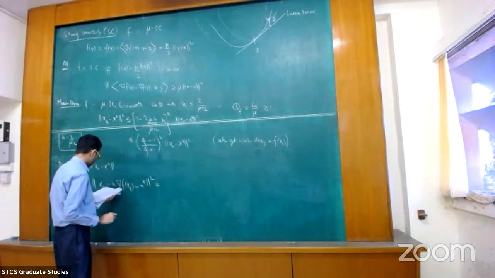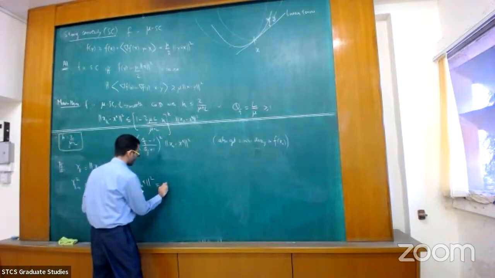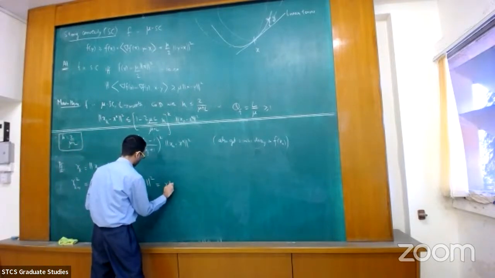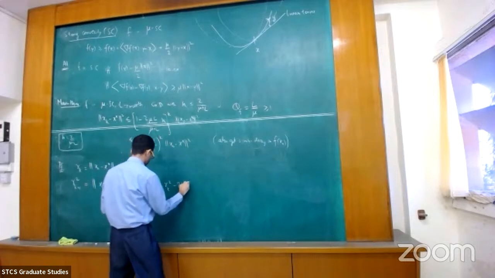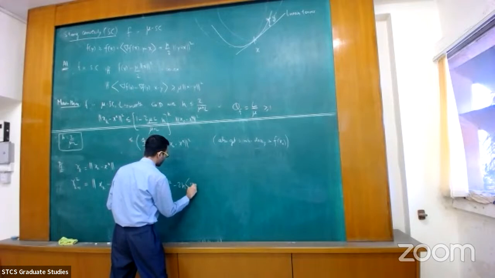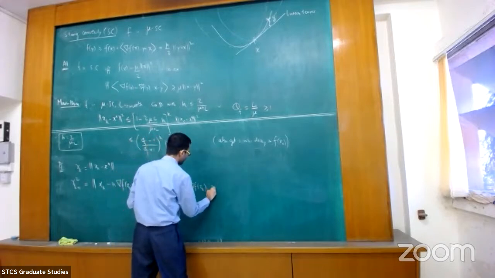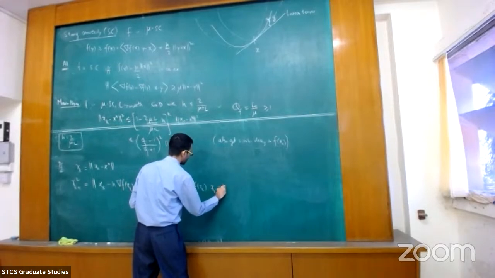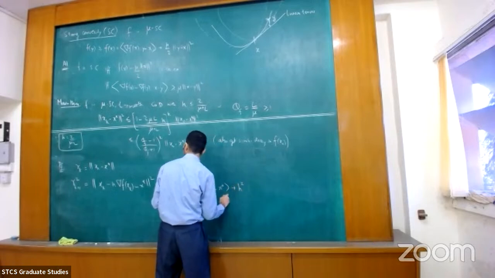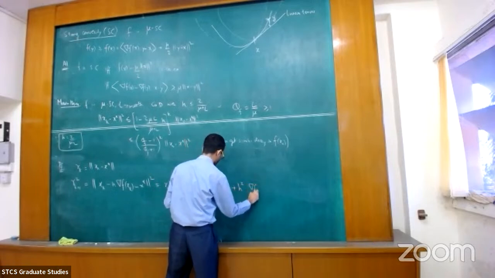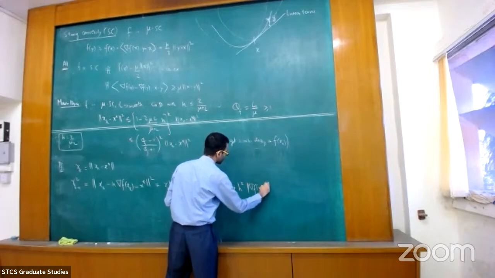Now let me combine this with this, and I get r_k squared, minus 2h inner product of the gradient with x_k minus x star, plus h squared times the gradient squared.